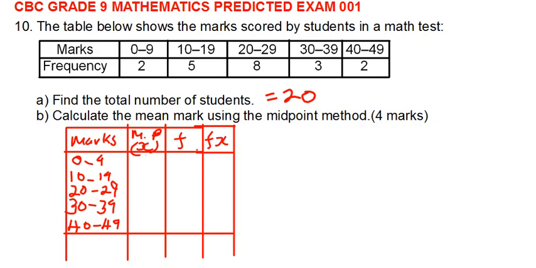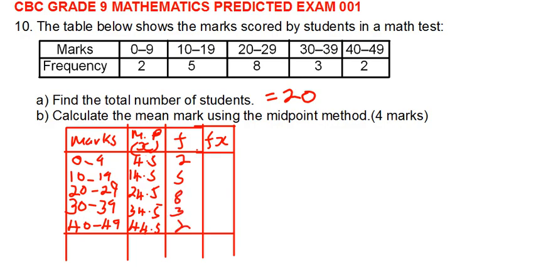We have identified our midpoints: 4.5, 14.5, 24.5, 34.5, and 44.5. Then we have the frequency: 2, 5, 8, 3, 2.